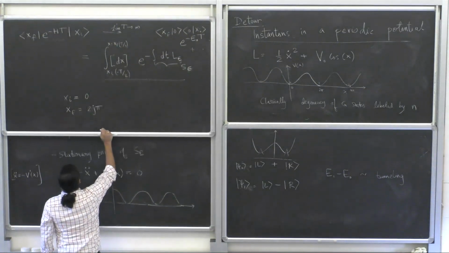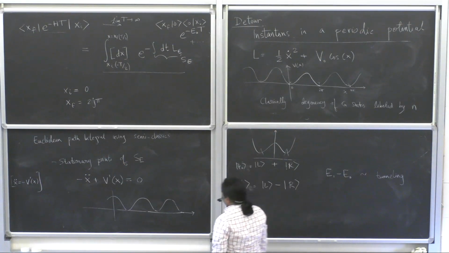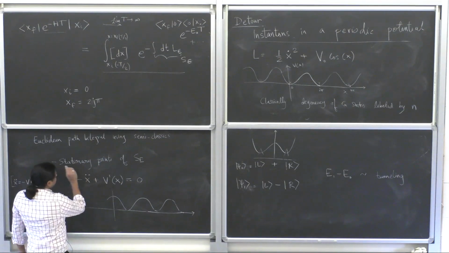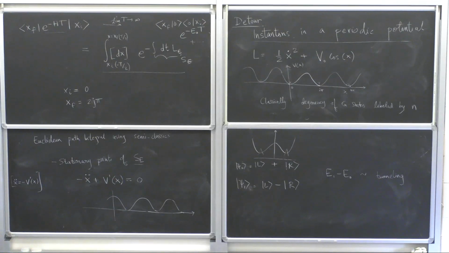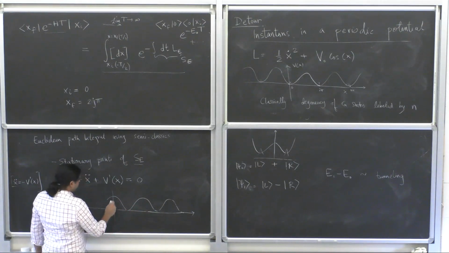So we're going between one of the minima of the classical potential to another minimum of the classical potential. A stationary solution of the Euclidean action would be a classical solution on this inverted potential. So what are the classical trajectories on the inverted potential?